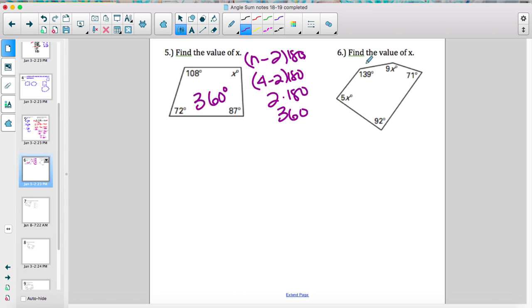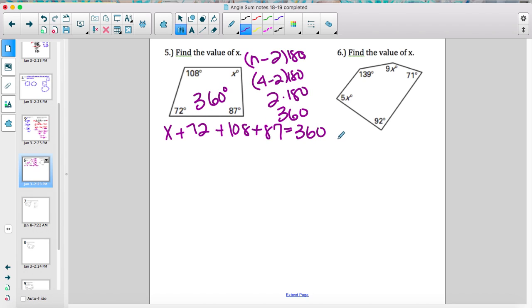But if you look at example number 6, we have several different terms here in the problem. So I'd like to show you that you can set up an equation to solve this. So we would want to add up all of the angles that are present. X plus 72 plus 108 plus 87 all needs to equal 360 degrees.